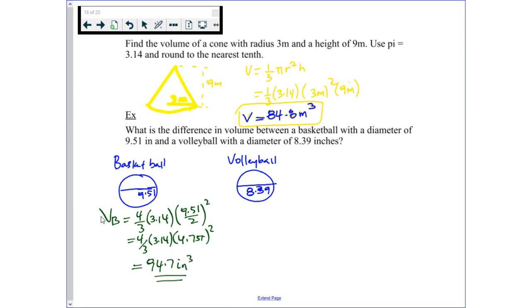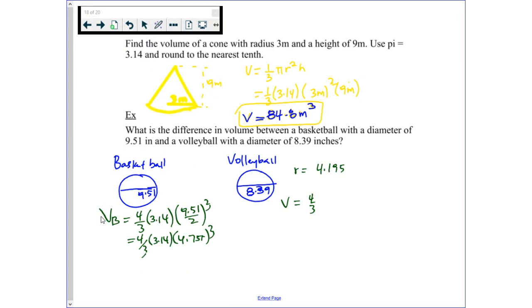So you do the same thing for the volleyball. The radius would be half of this, 8.39 divided by 2, which is 4.195. So the volume would be 4/3. Oh, sorry, it is cubed, not squared. Sorry, guys, I made a mistake here. Let me do it again.